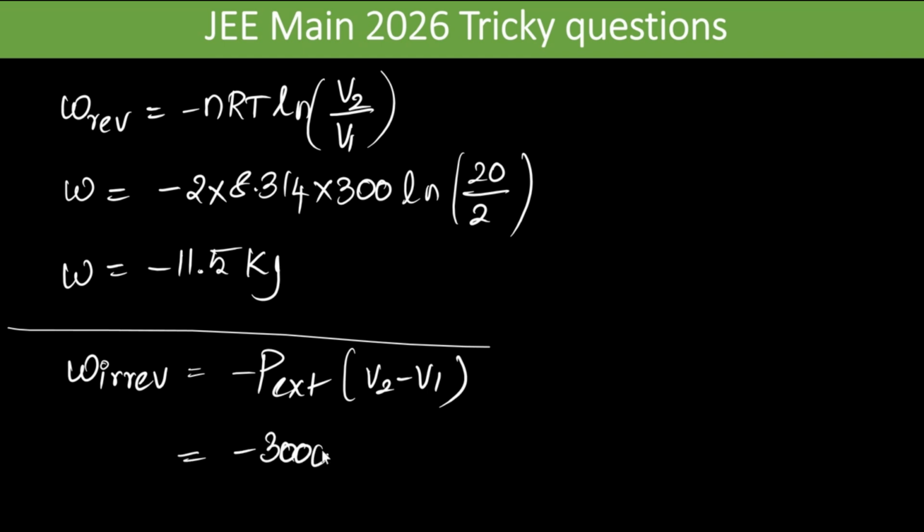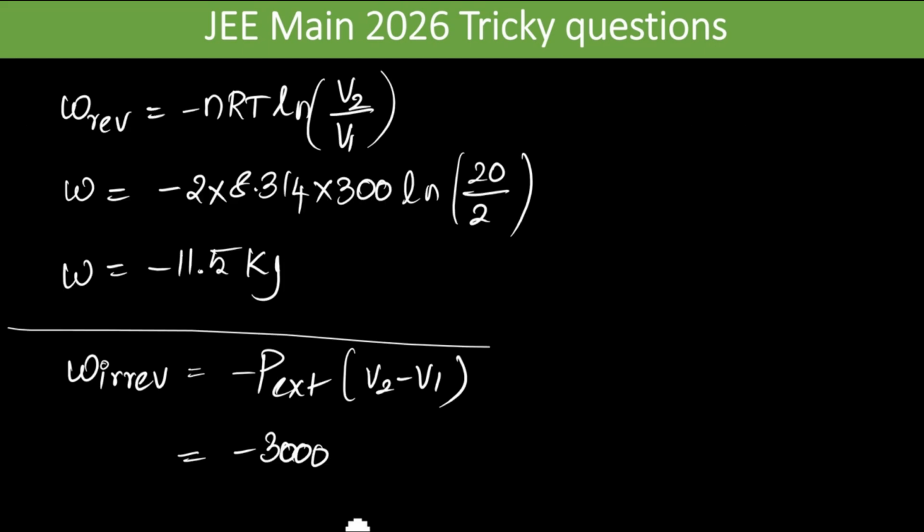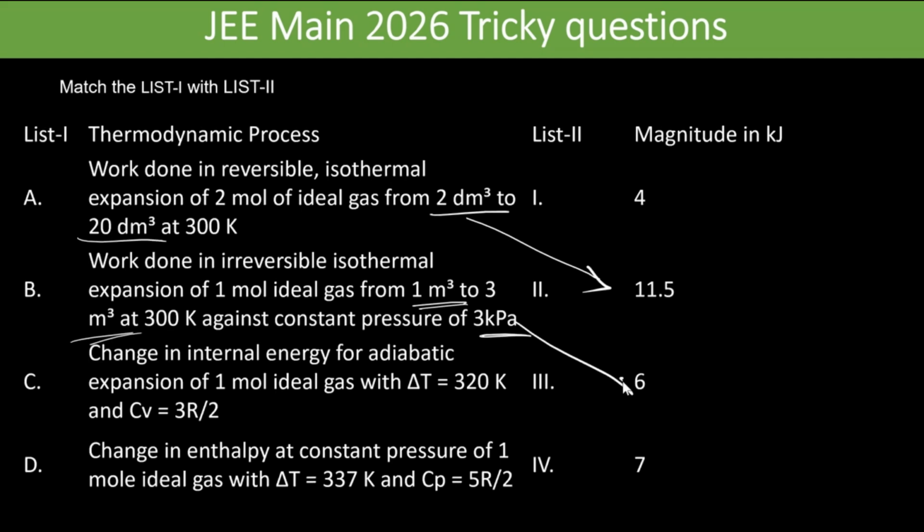So that is 3000, because 3 kilopascal is given. V2 3 minus 1, which will be 2 into 3000, that is 6000 joules, converted to 6 kilojoule.